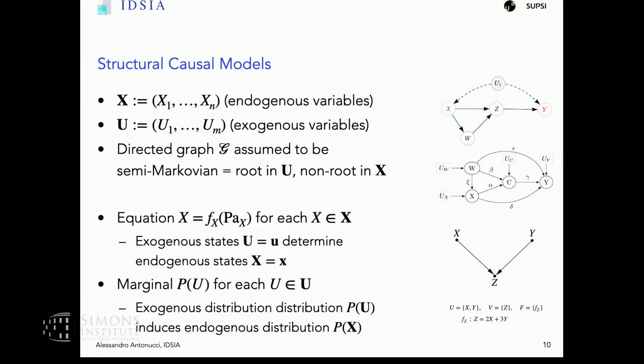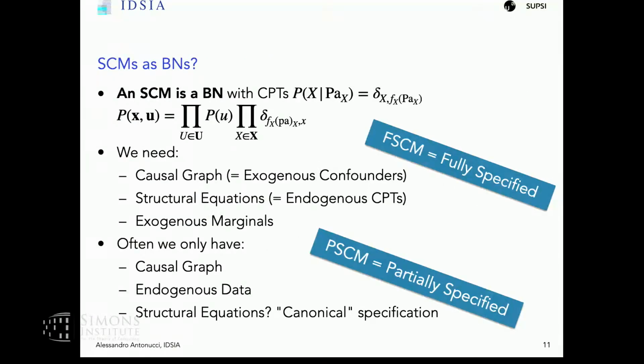Okay, this is just the general case, which is the real case, because we never use models based on single variables. Generally speaking, we have a collection of endogenous and a collection of exogenous variables, and a collection of equations. Typically, we assume that the latent variables are the roots of the graph. This is the so-called semi-Markovianity assumption. But let me be quick on that. So you might see a stronger relation with Bayesian networks.